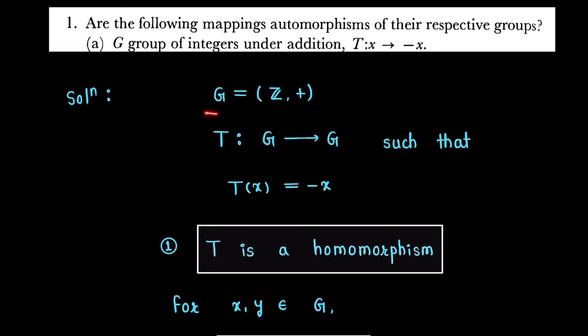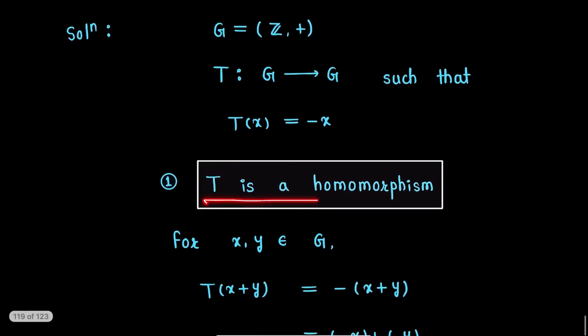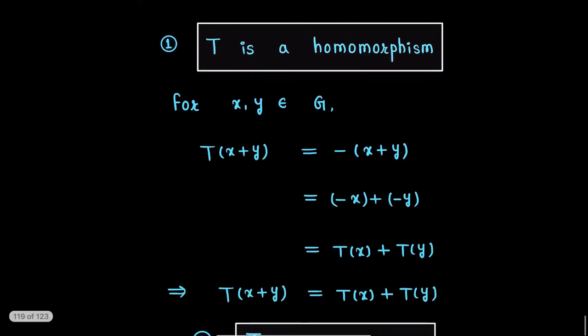Here the given group is the group of integers under addition and the map T is T of x is equal to minus x. Now to check whether T is a homomorphism or not, consider any two elements, say x, y in group G. Then we have T of x plus y is equal to minus of x plus y.